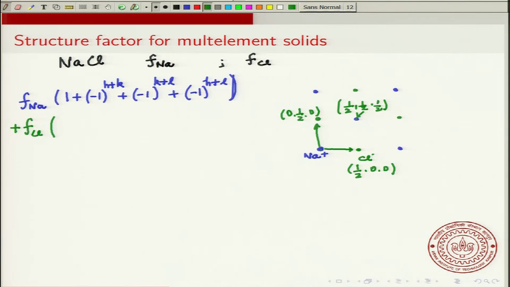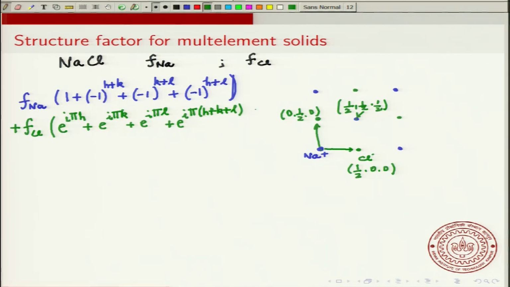So, it will look like e to the i pi, I have taken the factor of 2 out, h plus e to the i pi k plus e to the i pi l plus e to the i pi (h plus k plus l).